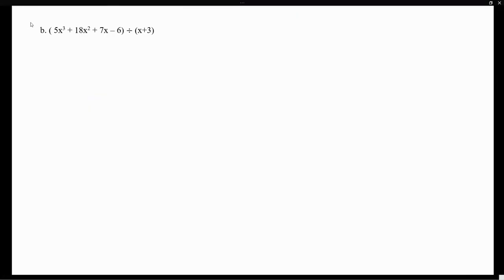Well, I want to take my numerator, but now the expression x plus 3, I'm going to write it as x minus negative 3.